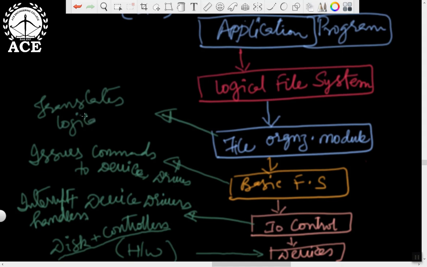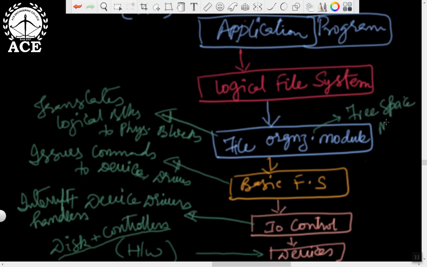We'll talk about logical blocks later. Logical blocks to physical blocks. Means address translation. Like in memory management, we have seen address translation. So essentially, file organization module does that. And then it also includes free space manager. We'll talk about this also as a function later on. Free space management is an exclusive topic that we have to discuss. What portions of disk are free, what portions are in use, all these are under the control of file organization module.